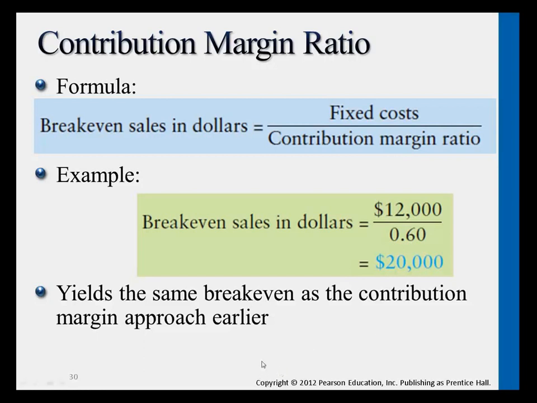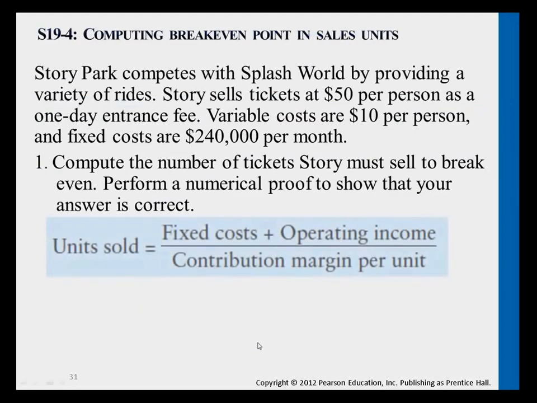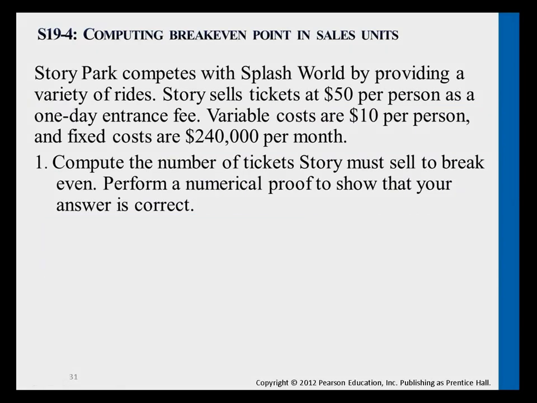Okay, so my contribution margin ratio yields the same break-even as the contribution margin approach that we just discussed. My sales per unit was $200, and my contribution margin per unit is 120. So let's try an example really quick.